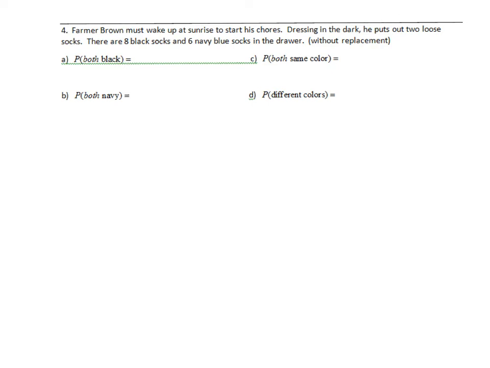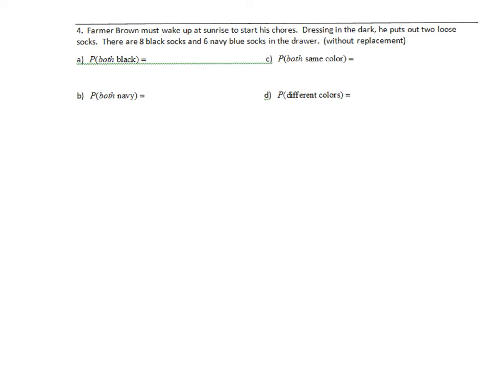This is a problem without replacement, because he's not going to look in the drawer. I just want to try to make this interesting, so I'd like you to try answering these questions without a tree diagram. Do you think that the probability of pulling out 2 socks with matching colors is high?